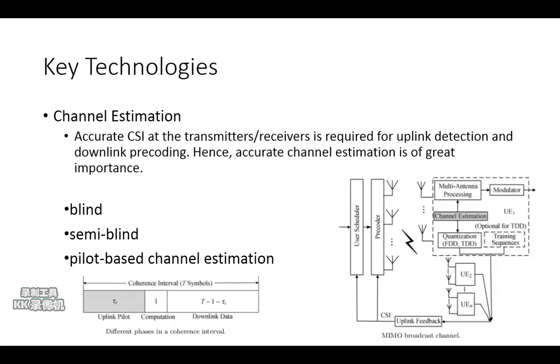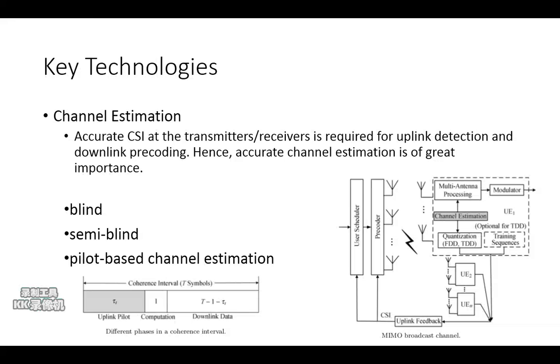Accurate CSI at the transmitter or receiver is required for uplink detection and downlink precoding. Hence, accurate channel estimation is of great importance. Meanwhile, channel estimation is challenging in wireless systems due to the inherent and highly dynamic feature of the radio channel.